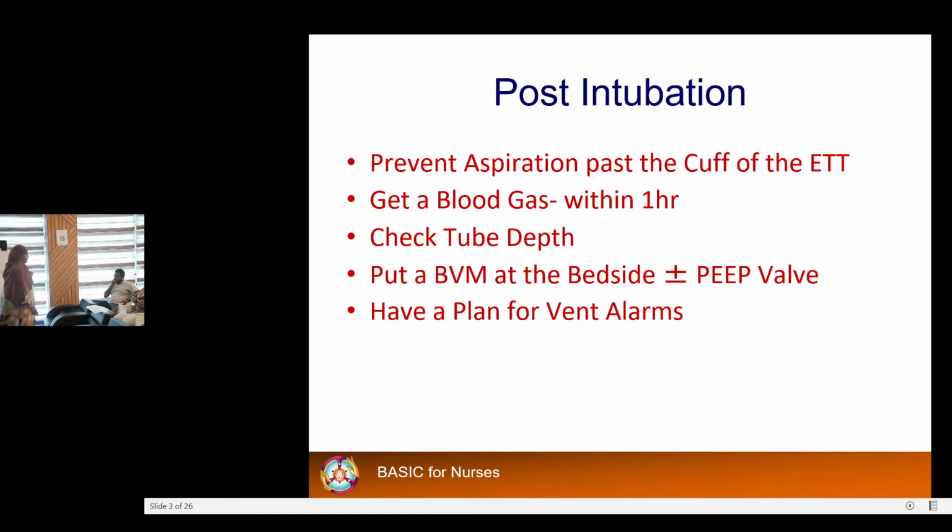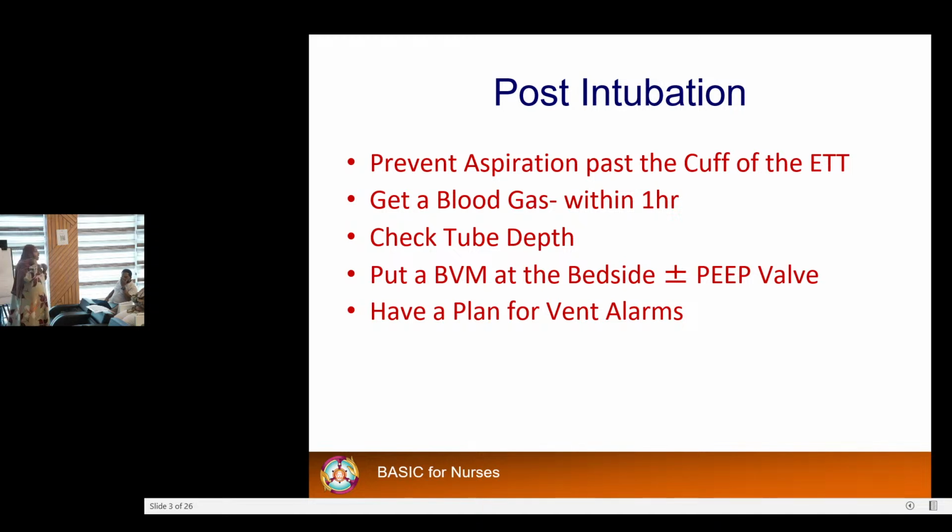So you make sure your cuff pressure is okay, also to prevent aspiration. You do suction as needed. ABG, after 1 hour. You check tube depth. We have said BVM should be at the bedside of your patient. We have already said, have a plan for ventilator alarms. Which alarm would you like to have in your setting?